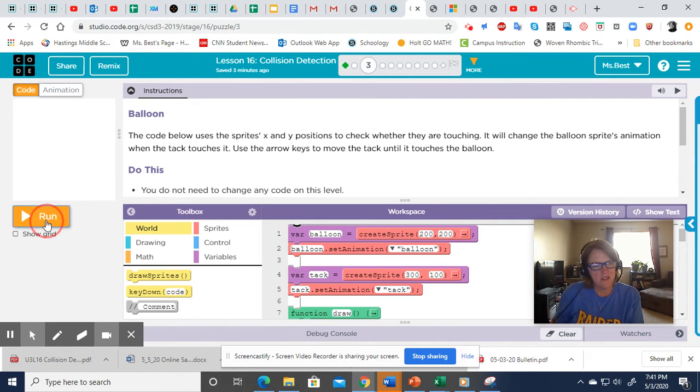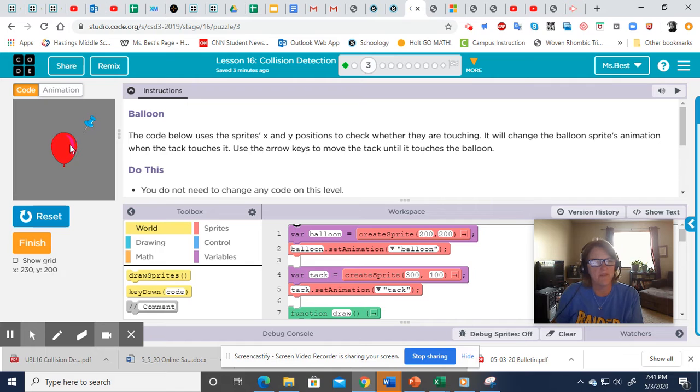Balloon. All right, let's see what's going on here. I have a balloon and a push pin or some kind of tack. It says this code uses the sprite's X and Y position to check whether they are touching. It will change the balloon sprite's animation when the tack touches it. Use the arrow keys to move the tack until it touches the balloon.